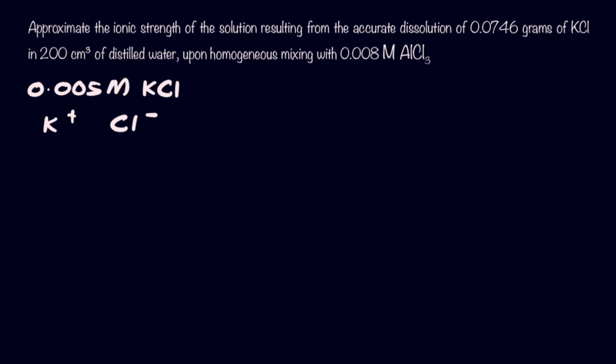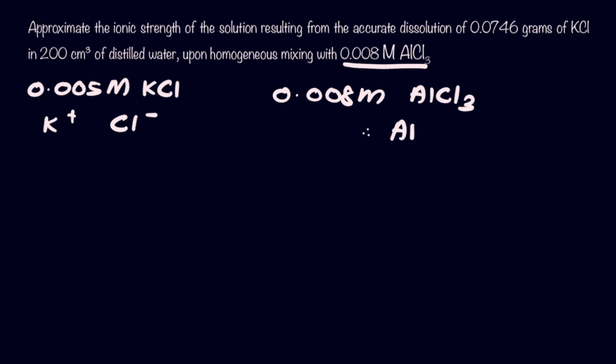So another one that we have from the question is 0.008 molar of aluminum chloride. Therefore, you will get Al3 positive and also Cl minus. But here in this question, we have 3 over here. Therefore, we have 3Cl minus.